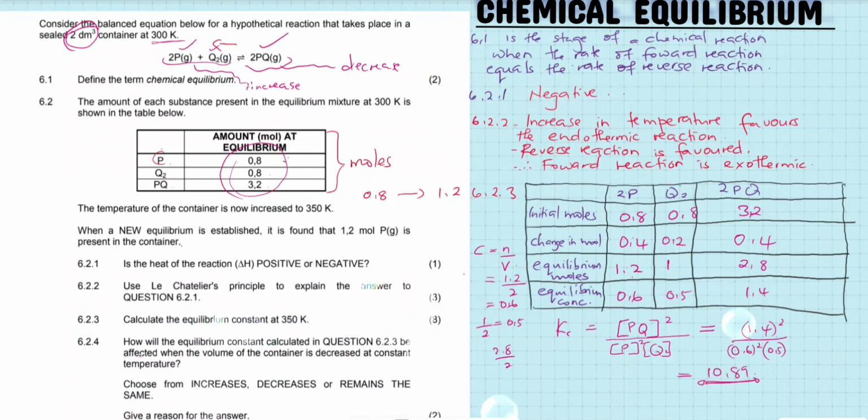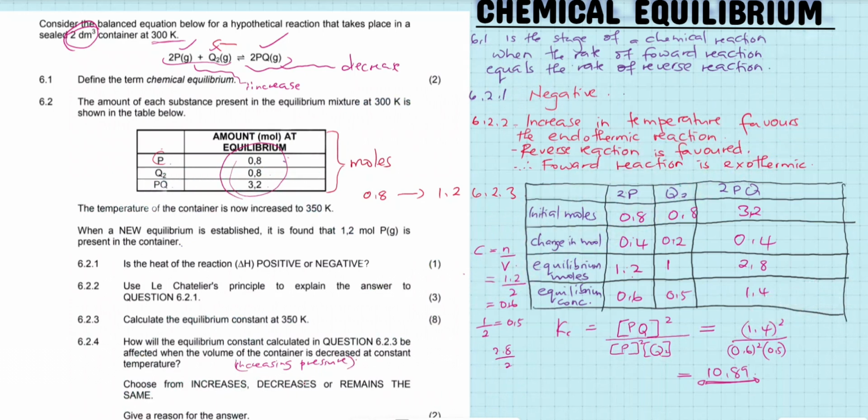And 6.2.4, how will the equilibrium constant calculated in question 6.2.3 be affected when the volume of the container is decreased at constant temperature? Choose from increases, decreases, remains the same. Give reason for your answer. Decreasing the volume of a container means you are increasing the pressure. Yet we know that an increase in pressure has no effect on the Kc value.